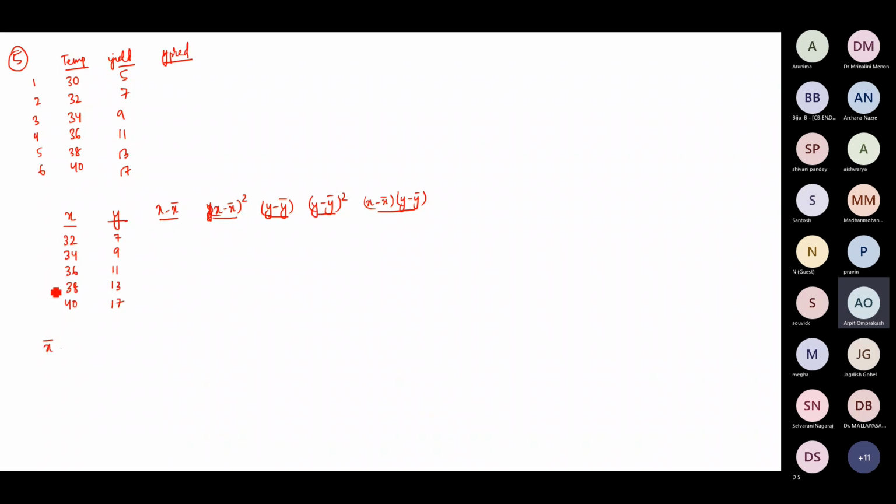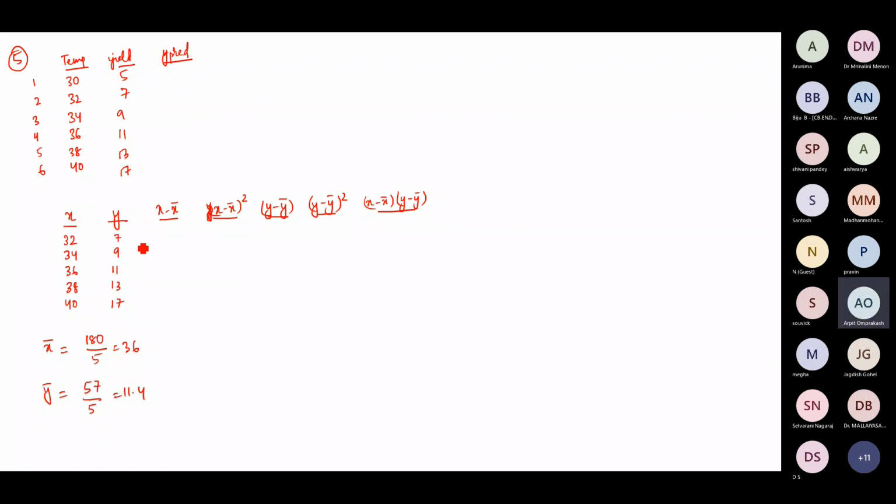X bar will be 32 plus 34 plus 36 plus 38 plus 40, which is 180, divided by n, which is 5. This will turn out to be 36. Y bar will be 7 plus 9 plus 11 plus 13 plus 17, which is 57, divided by 5, which will be 11.4.